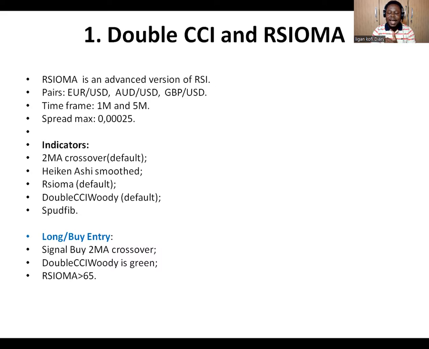Some of the strategies are scalping strategies, some are long-term strategies. So they are different. So take your time. Now, this strategy, the trader is saying that this is what he does. Okay, let's go straight into it. He's saying that this tool here, which is called the RSIOMA tool, is an advanced version of the RSI indicator.